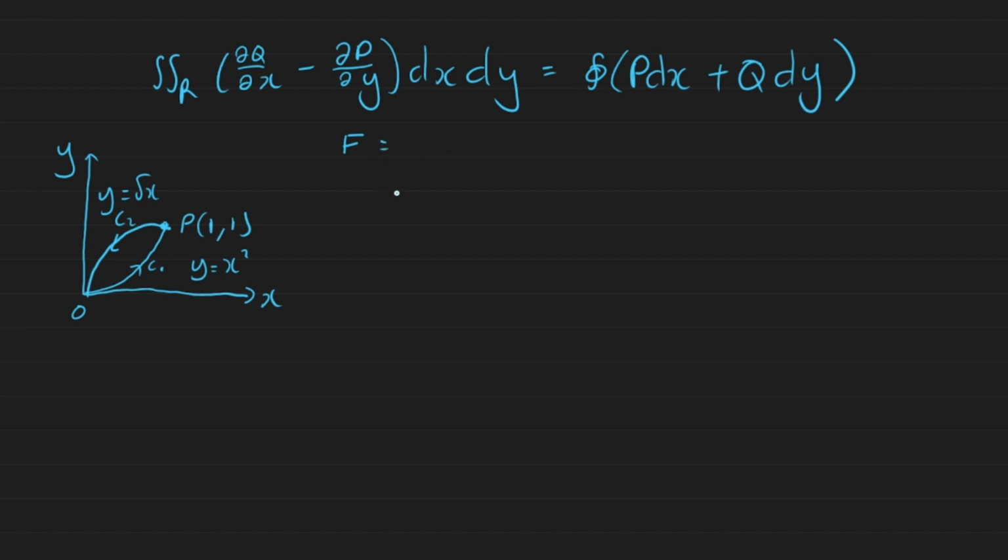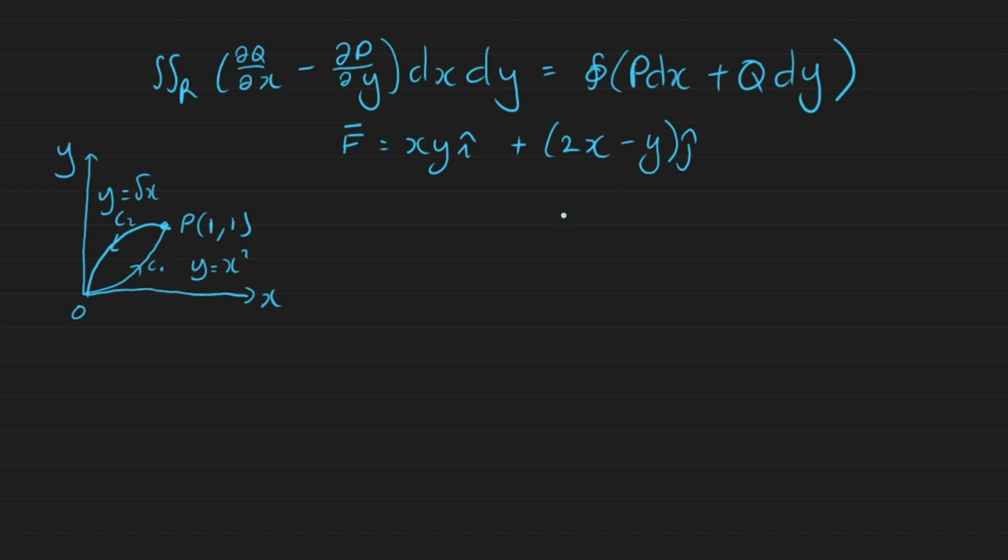The x component of F is xy, and the y component of F is 2x minus y. Of course, j indicates the y direction.